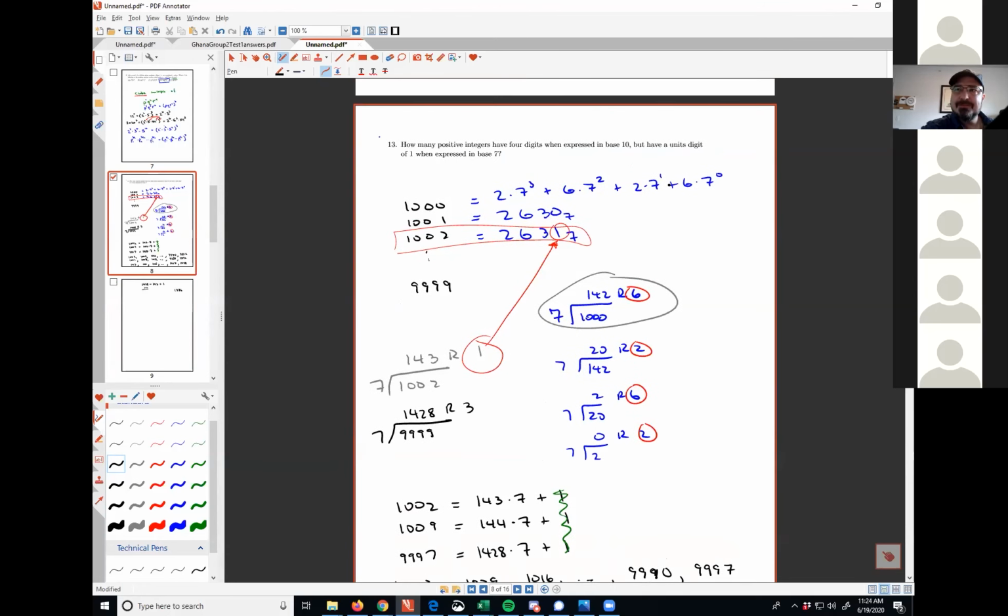So base 7 is the base. There's a kind of alien squid out there that has 7 tentacles. It doesn't have 10 fingers like we do. It has 7 tentacles that it counts with, and it can only use the digits 0, 1, 2, 3, 4, 5, and 6. When it counts up, it has to group.